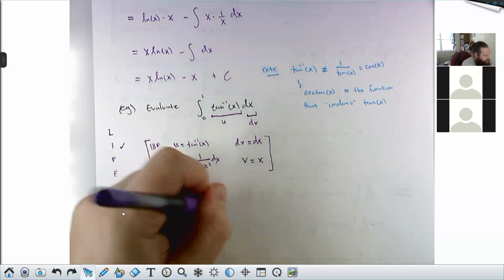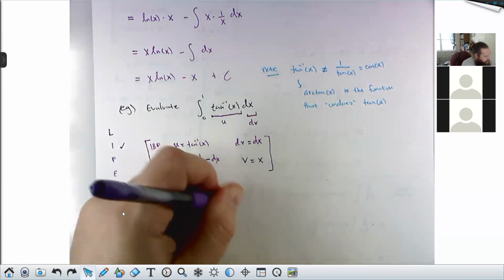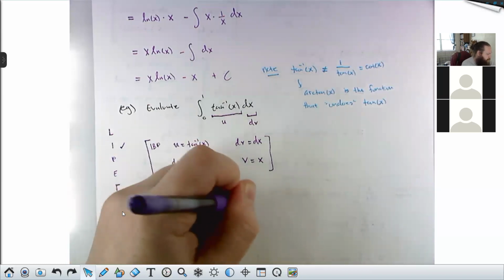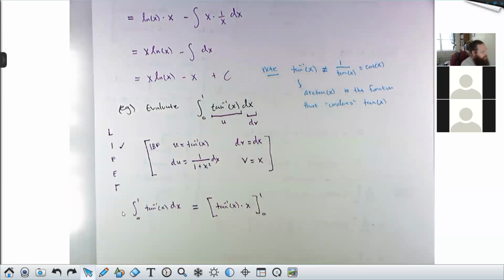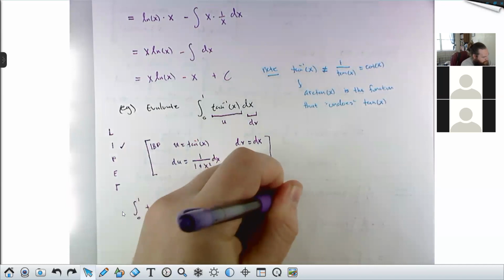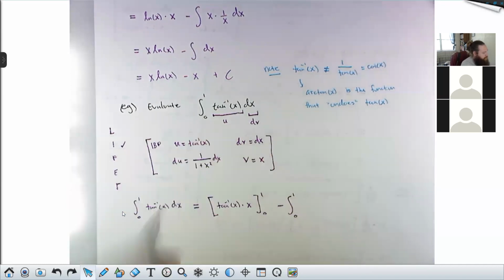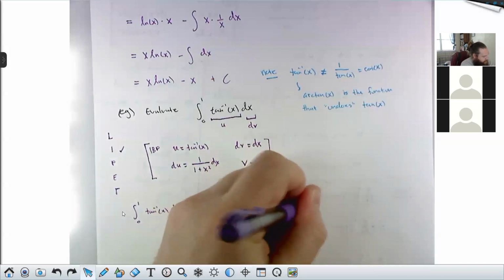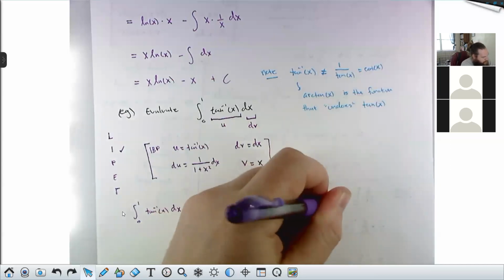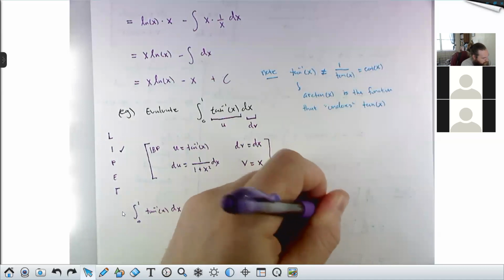So this is the inverse tangent of x times x evaluated from 0 to 1, minus the integral from 0 to 1 of v times du, which is x times 1 over 1 plus x squared dx.